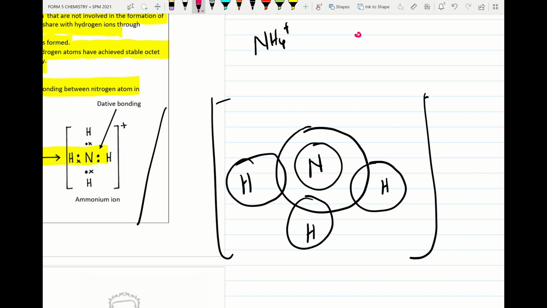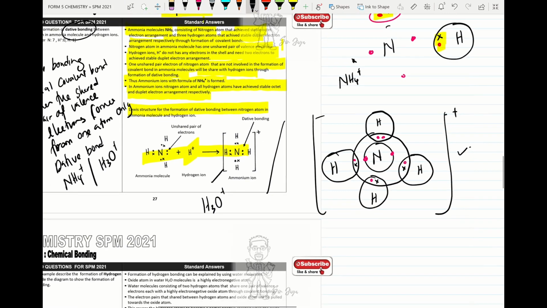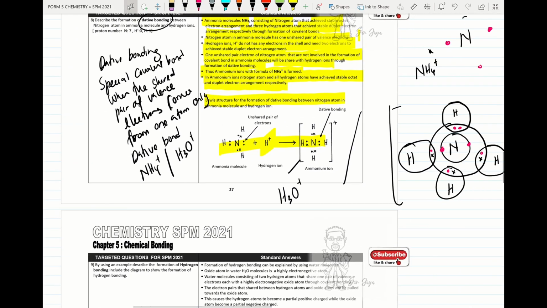Here we have a first shell with 2 electrons. Nitrogen contributes 1 electron for sharing and each hydrogen atom contributes 1 for sharing. Then we can draw one more hydrogen ion here, which will share the lone pair of the nitrogen atom through the formation of a dative bond. Then we put a plus here. So this is the ammonium ion. We can draw this one or this one. Please practice for the hydroxonium ion. This is the answer for an essay question if dative bonding comes out in the exam.